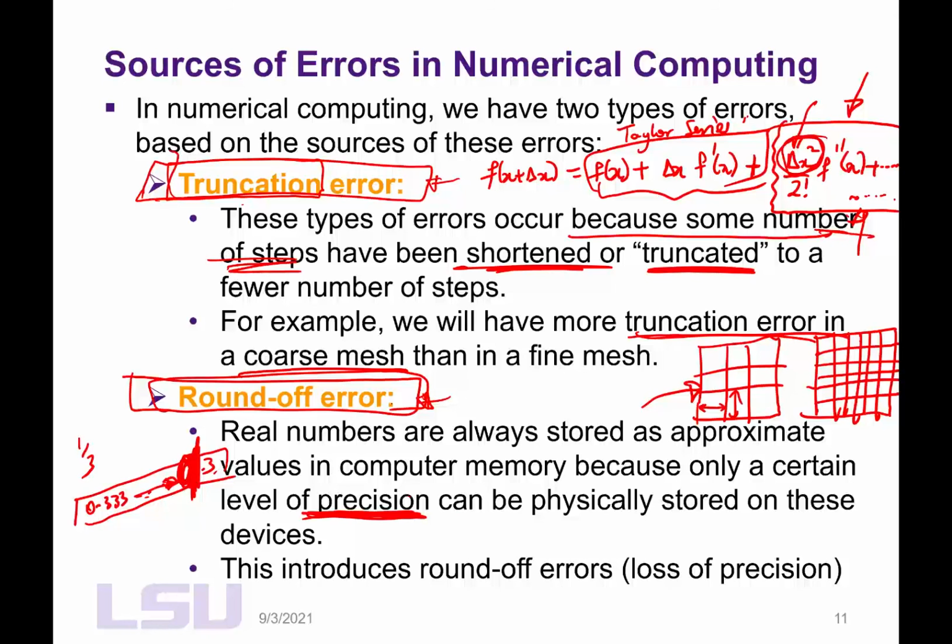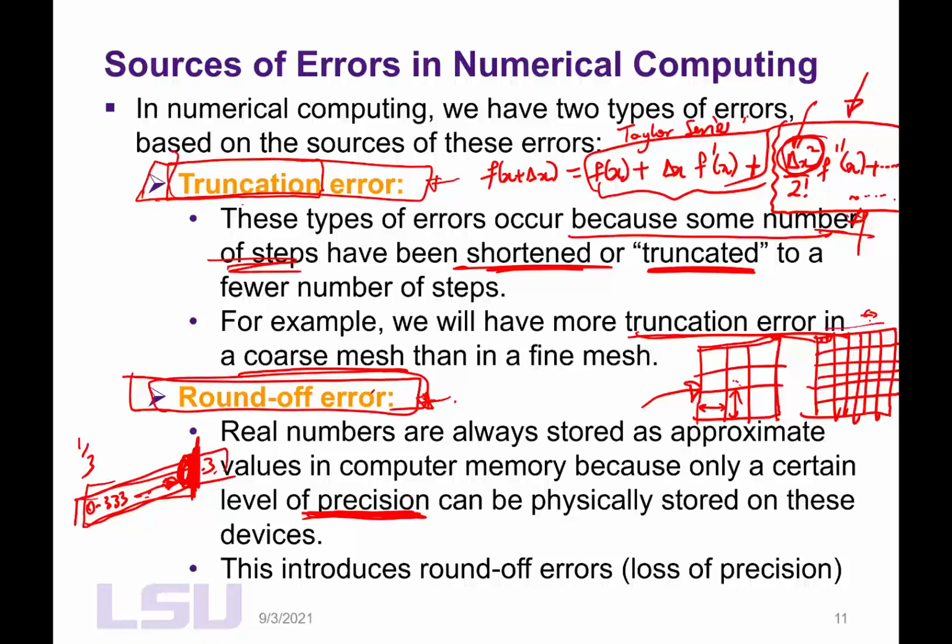And this could be significant if you're looking at an extremely fine mesh. If delta x becomes so small, it becomes very minute, and then the computer begins to struggle with these decimal places. Although truncation error is reduced, round-off error now increases. I hope that's clear. I can explain that one more time. We already mentioned that truncation error is larger when you have a coarse mesh.